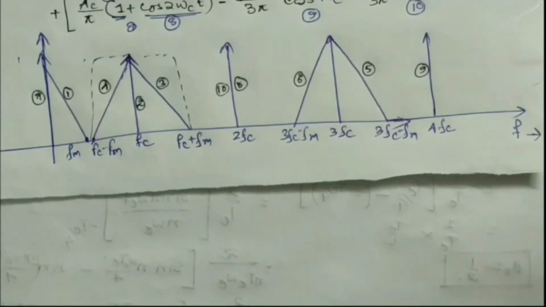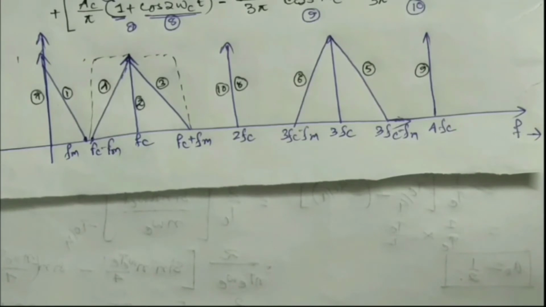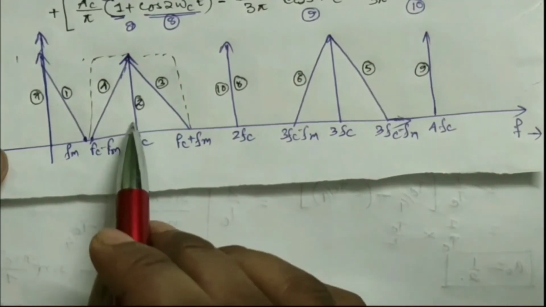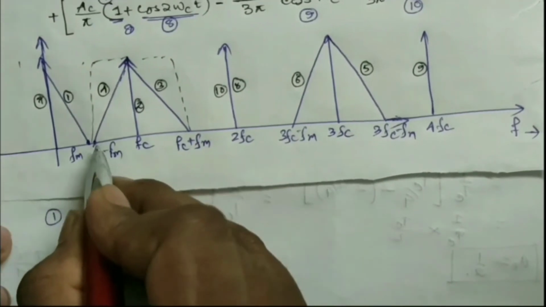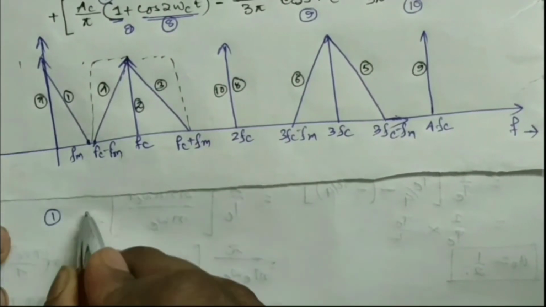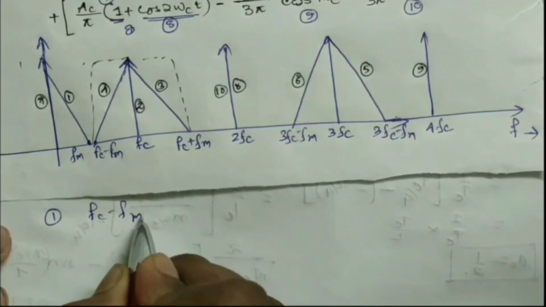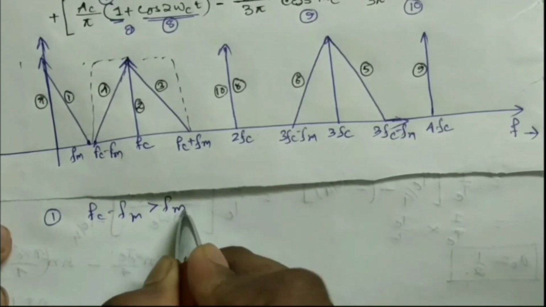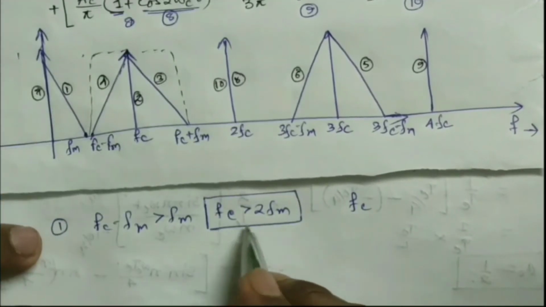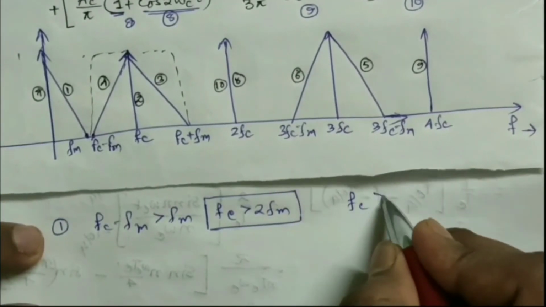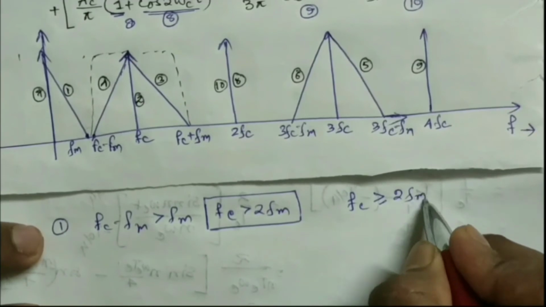Let us now see the necessary conditions for the BPF so that it can pass these signals without any distortion. First, there should not be any overlap between these two signals, that is fc minus fm should be greater than fm, that is fc should be greater than 2fm. This is for a practical BPF. For an ideal BPF, fc should be greater than or equal to 2fm.